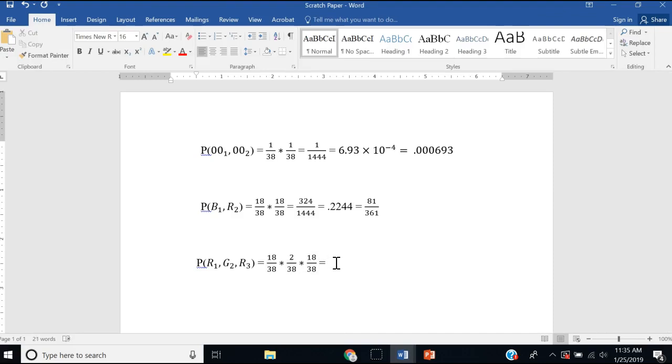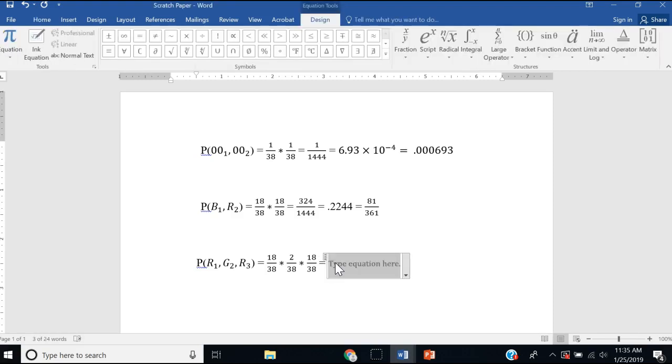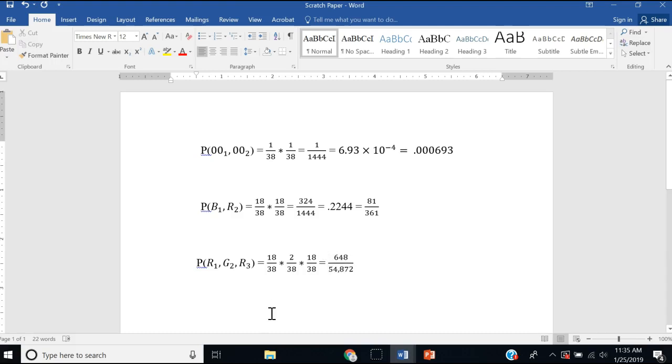If you take 18 times 2 times 18, I'm doing this on my calculator, you get 648. If you take 38 times 38 times another 38, you get 54,872. So 648 out of 54,872.